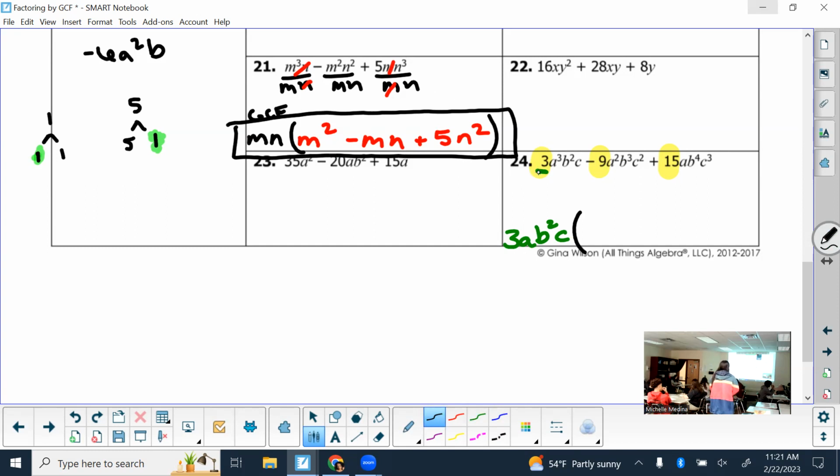All right, then you divide each term by your GCF. I might have to do this off to the side so that it looks nicer.